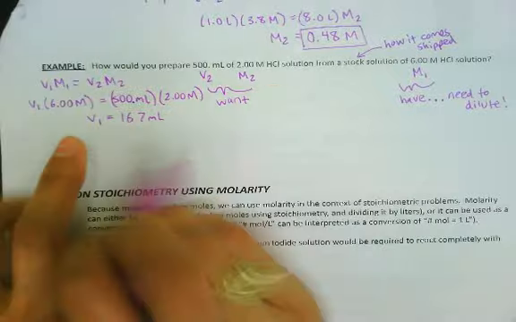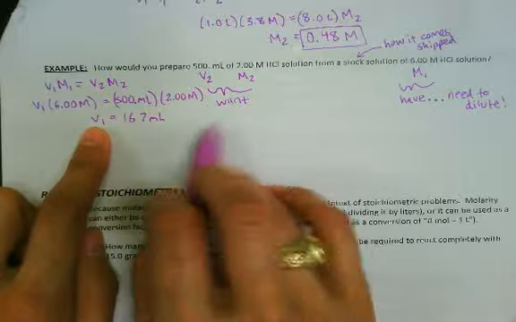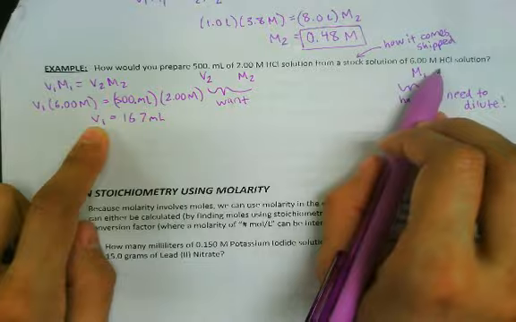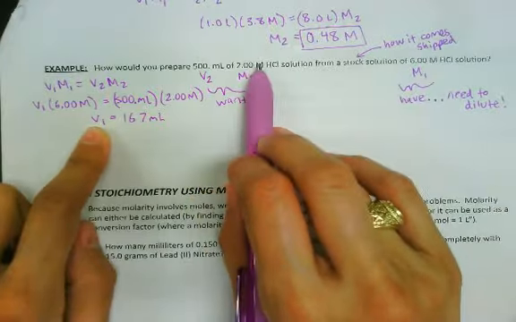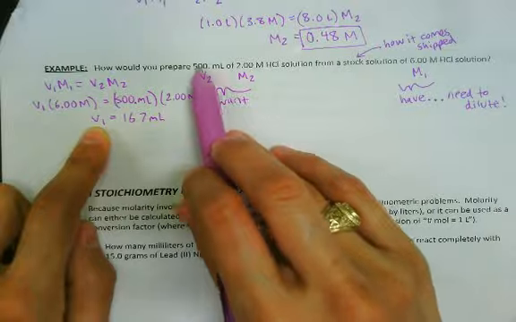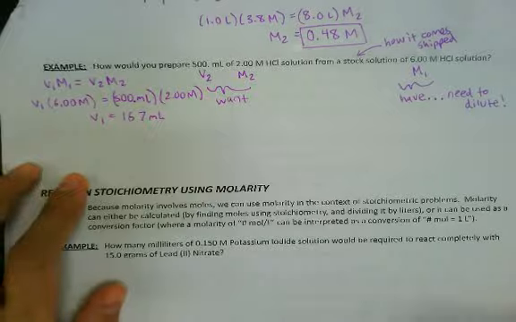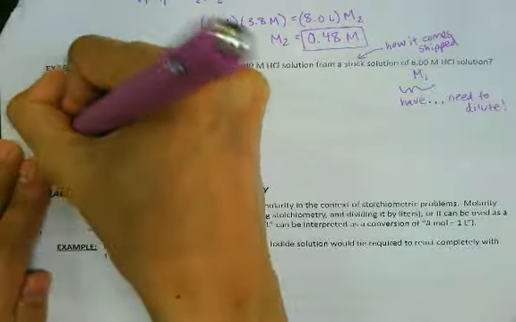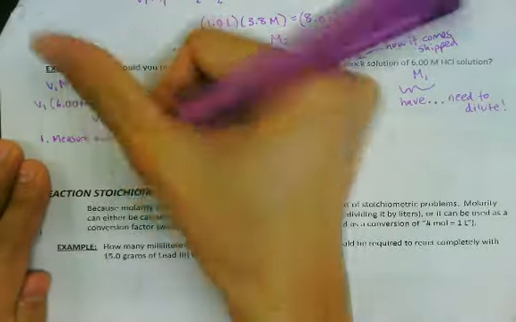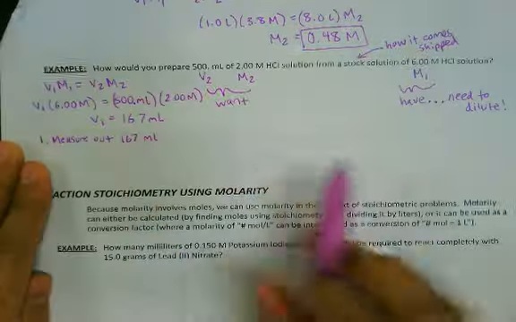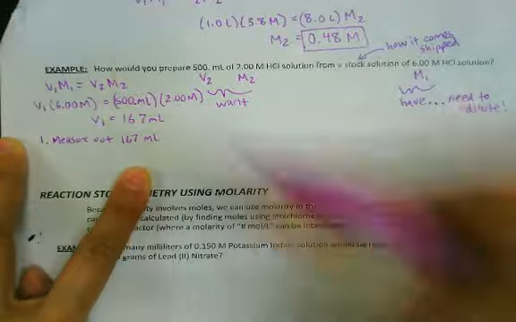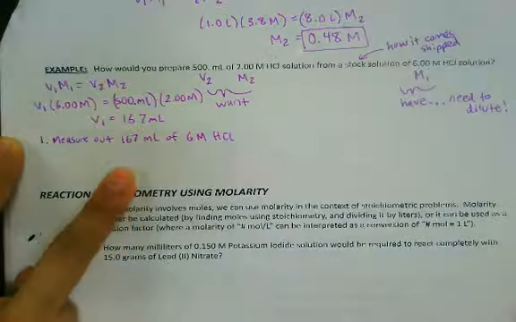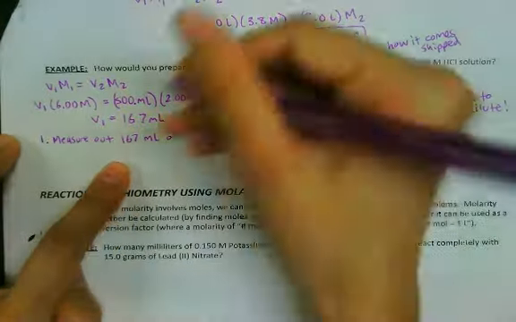Okay. So what we do with this knowledge here is, in order to dilute this concentration down to 2 molar, and to make 500 milliliters of it, I would measure out 167 milliliters of my 6 molar HCl solution. Okay, I'm going to measure out 167 milliliters of this.